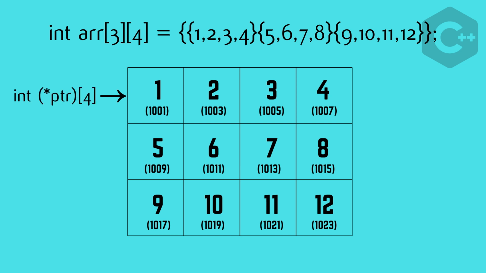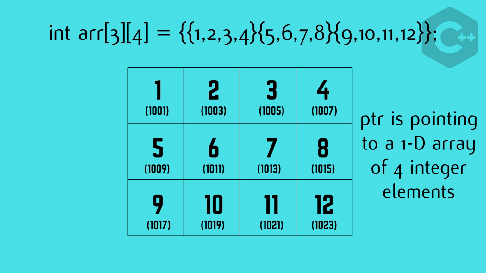This means the ptr is pointing to this base address, and on incrementing, it will move here, on the second row first element, and this goes on and on. Because actually ptr is pointing to a 1D array of 4 integer elements.